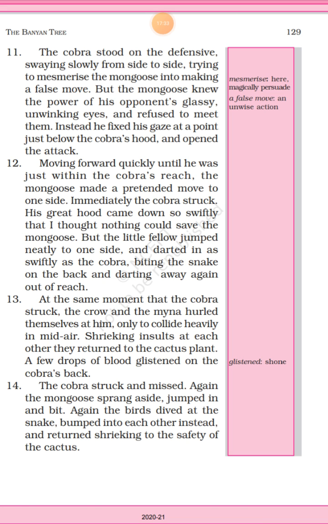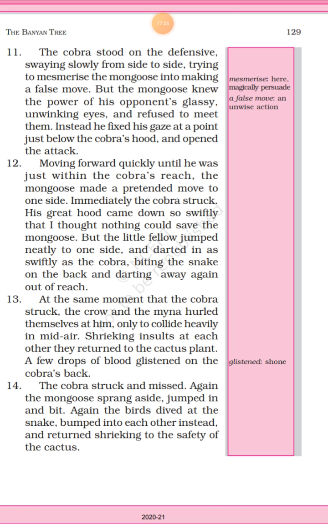They wanted to see what is happening. Shrieking insults at each other, they returned to the cactus. Okay. They were shrieking, oh, he has been hurt, he is hurt, like that. They were shrieking the insult made to the cobra by the mongoose.